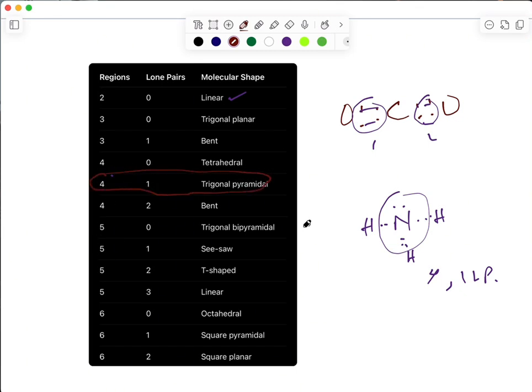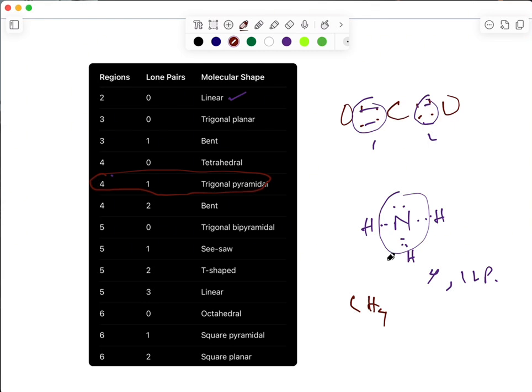This is trigonal pyramidal. We also have tetrahedral. Your CH4 is going to be tetrahedral because you have 4 electron regions and 0 lone pair on it. So you can always practice all of these guys when you are free. And that is that for shape of molecules on VSEPR.